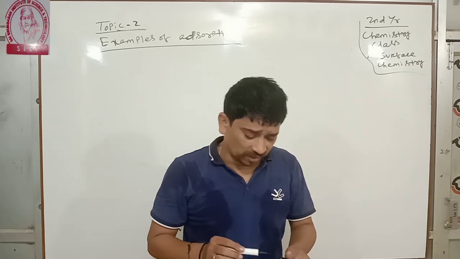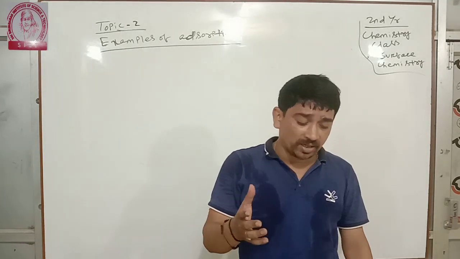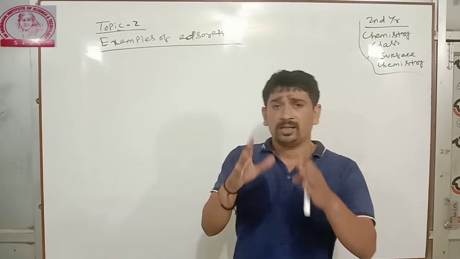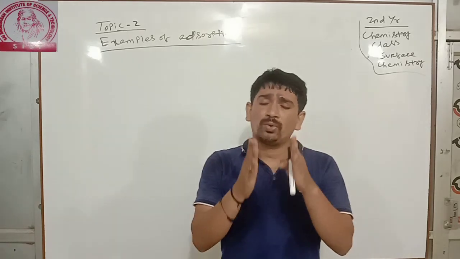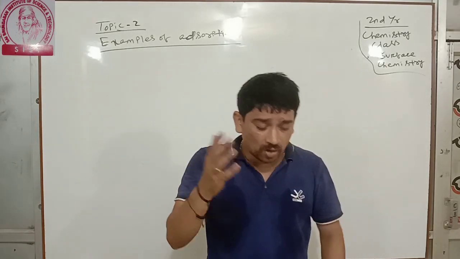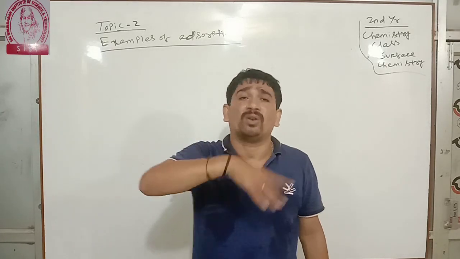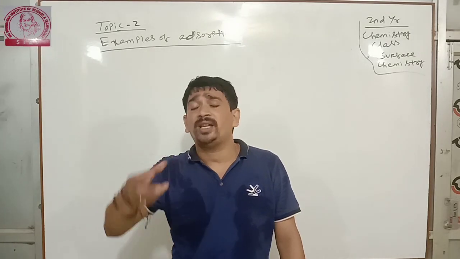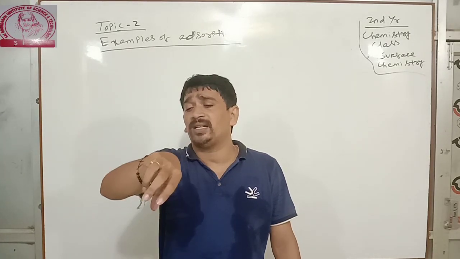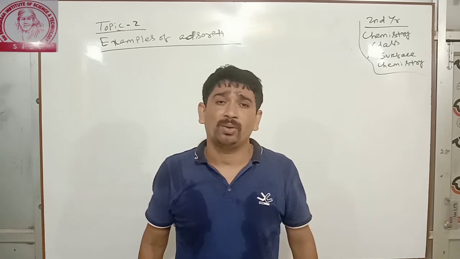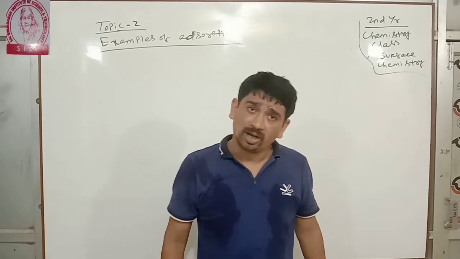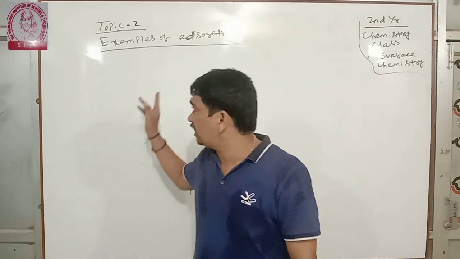It is found that the pressure of the gas inside the vessel decreases, because the gas molecules of O2, H2, Cl2 get adsorbed on the surface of the charcoal. So due to this, the pressure of the gas inside the vessel decreases. Clear? So this is one example.